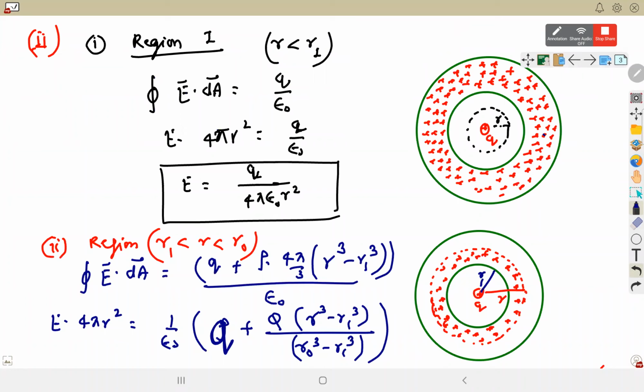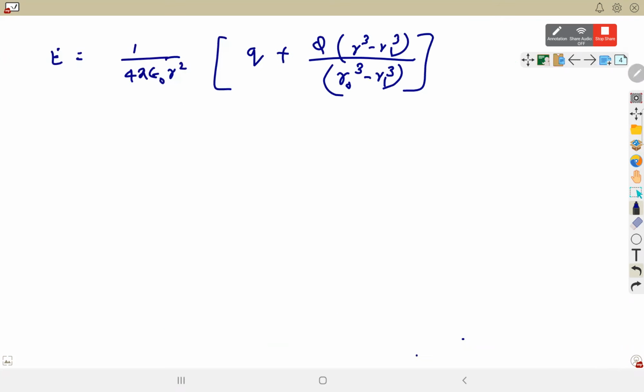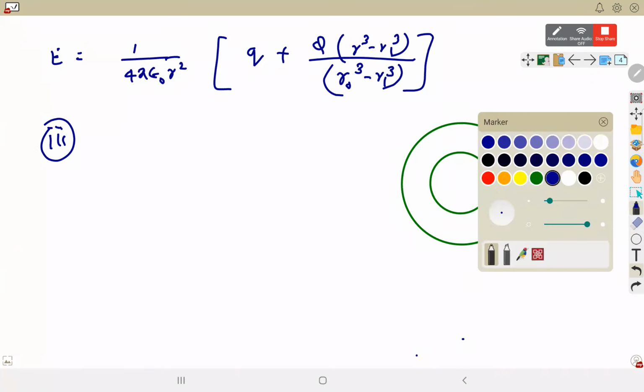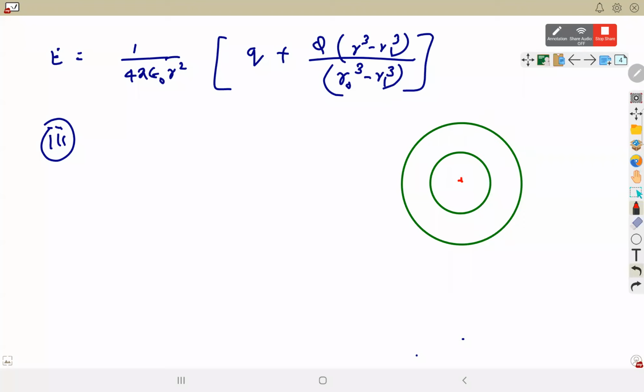Okay, and the third one is outside, outside this sphere. For the outside, again the total charge will be Q at the center, that also has to be included, plus capital Q in this gap.